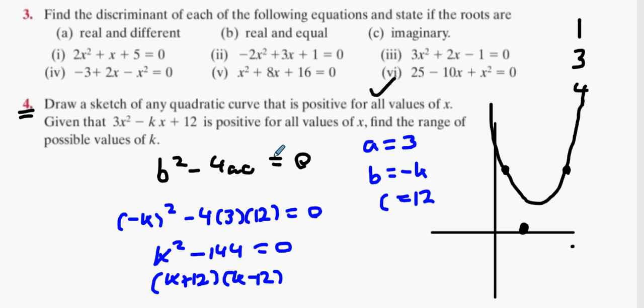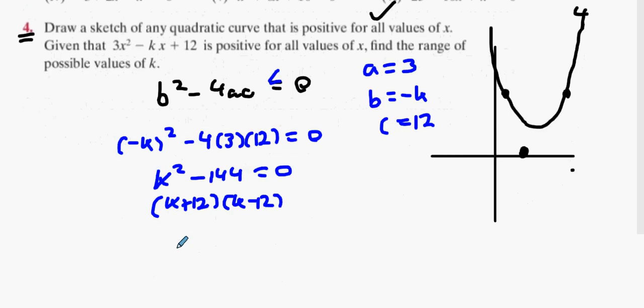Now you guys haven't done these yet, because I'm actually doing these with my 5th years right now, a chapter further on, chapter 12. So technically speaking, your two values are going to be k equals minus 12 and k equals plus 12. I'm just going to do this because you'll understand that at a later date.